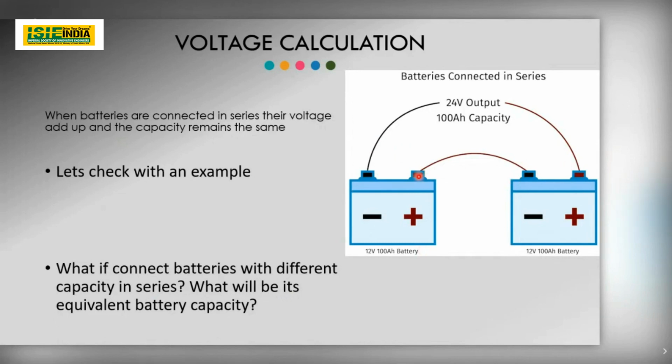Once the 50 Ah battery is completely discharged, the series connection will break and we will get no output. So this was about series connection: voltage adds up and capacity remains the same.